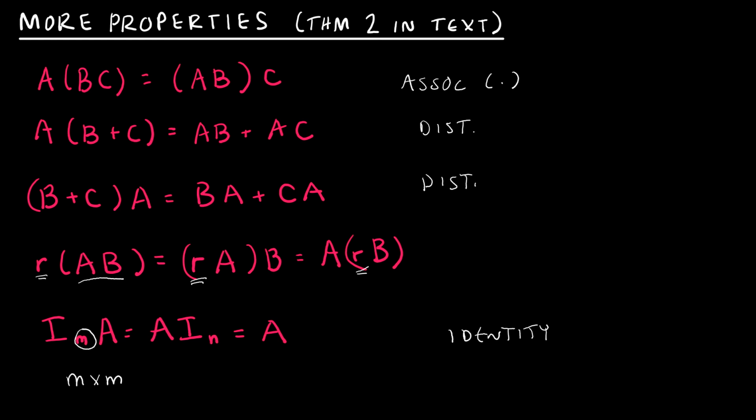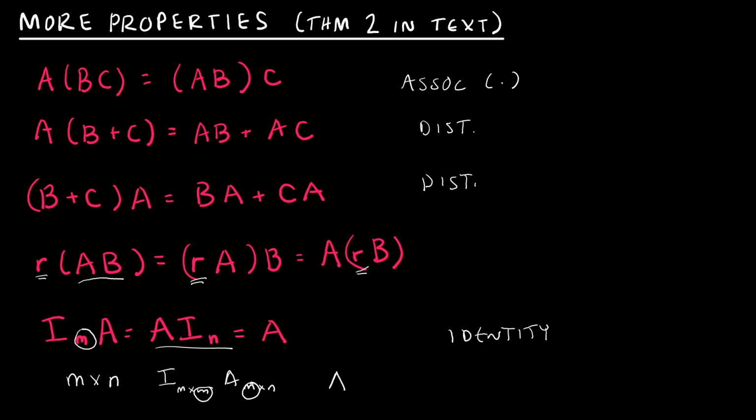So if I'm taking the identity M times A, which is an M by N matrix, then I is of course M by M, and A is M by N, and that is why that works. And the same thing happens here.